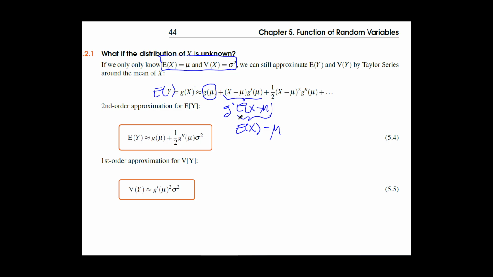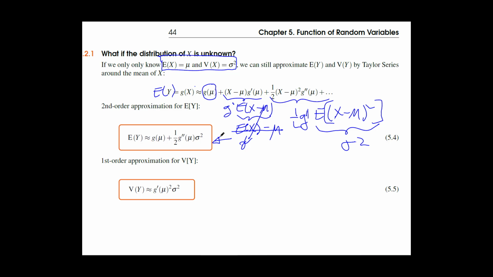And that's going to be 0, because the expected value of x minus mu is 0, so everything times g prime is 0. So this term is going to be 0. And now when I take the expected value of this term, I'm going to have 1/2 g second times the expected value of x minus mu squared, which hopefully you recognize by now. This is the variance of x, sigma squared.